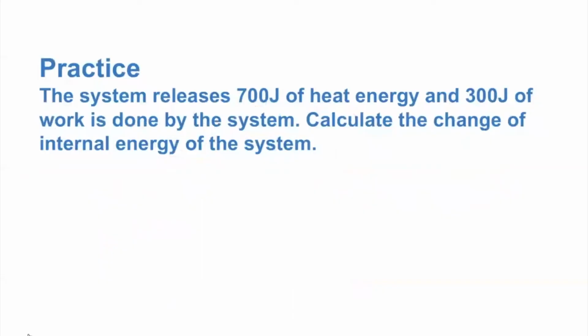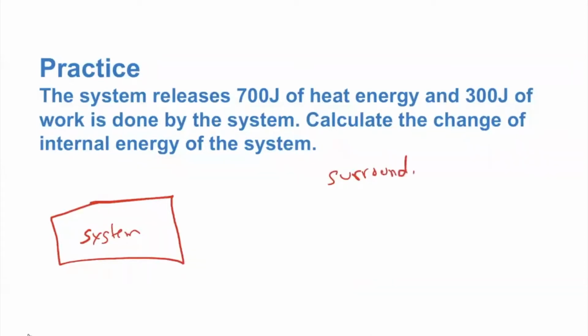Okay, so I have another problem here. Take a minute to read it. So we make this the system, and this is the surrounding. The system releases, so it's releasing 700 joules of energy.